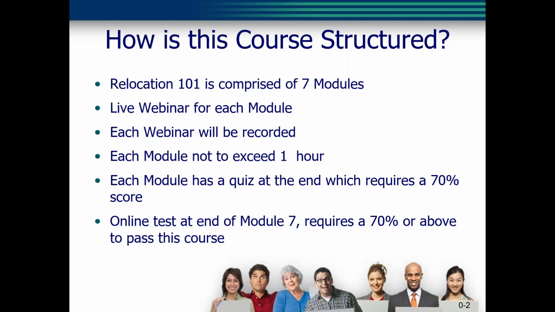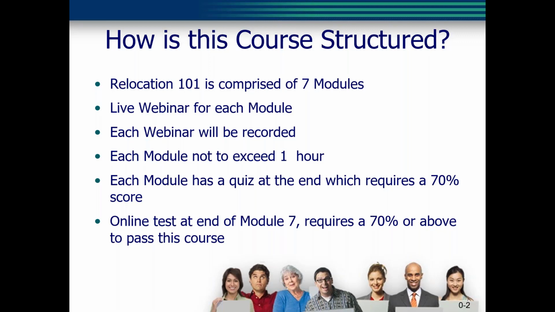Several of the modules are separated out into several parts due to the size and keeping each webinar at 1 hour. Each module does have a quiz at the end. Once you have completed the module, you will be provided with instructions for the quiz. You must pass each quiz with a score of 70% or better.